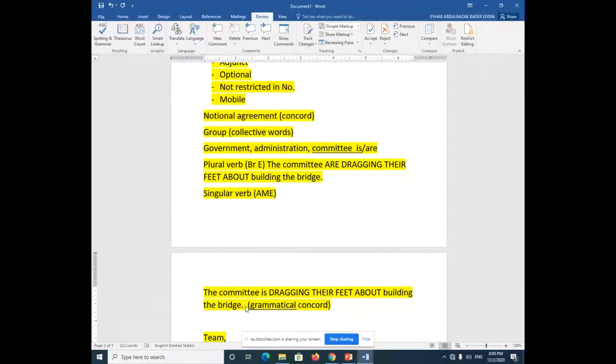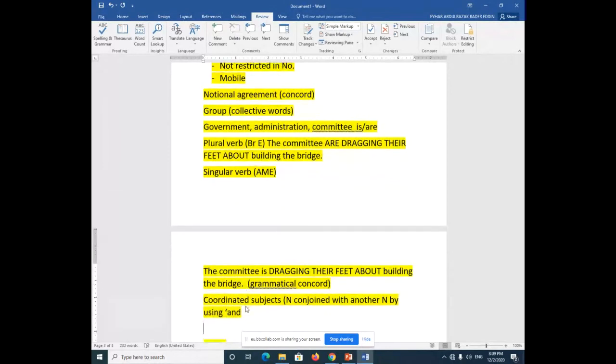Now we have something important to talk about. Sometimes we have what we call coordinated subjects. What is a coordinated subject? It is when you have a noun conjoined with another noun by using the word and.